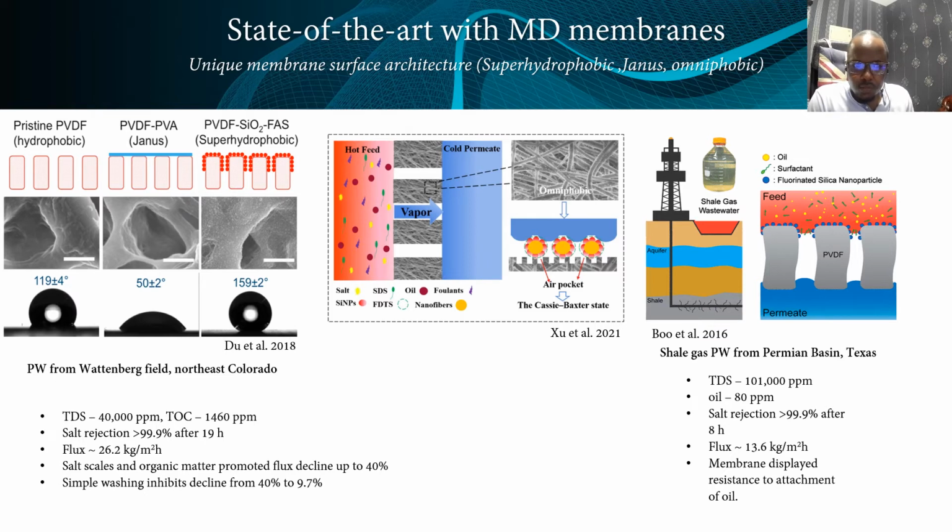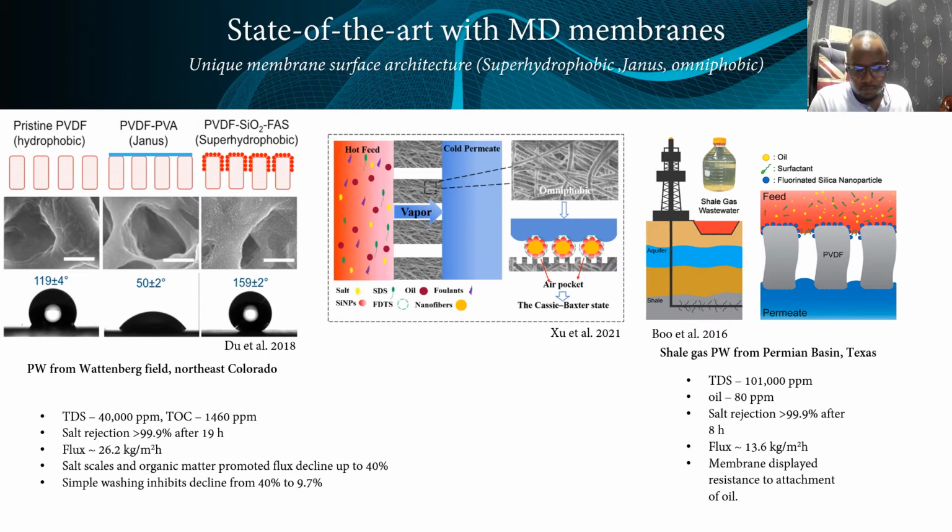So for the surface architectures, we have the Janus, the superhydrophobic, and the omniphobic membranes. Here also quickly, the Janus membrane is a two-layer membrane where the top side is hydrophilic, water-loving, and the bottom is hydrophobic, water repellent.